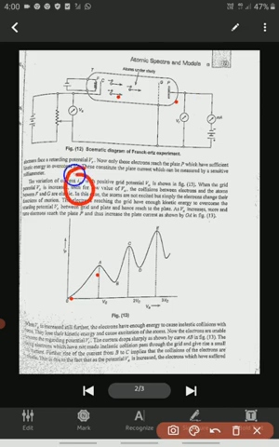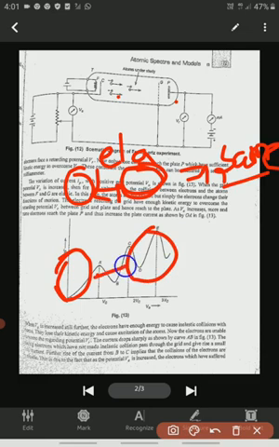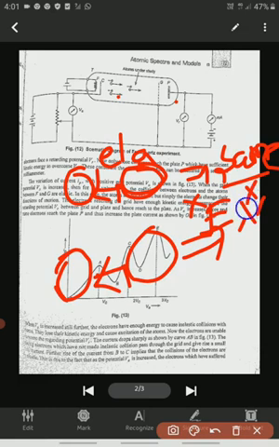If you take these as the atoms, when an elastic collision takes place, the total energy is the same, and the velocity is the same. If an inelastic collision takes place, the total energy of the system is not the same, and the velocity also is not the same. Whenever such a collision takes place, energy is lost.